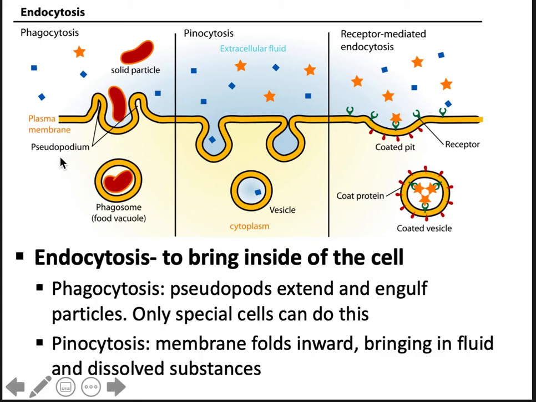So phagocytes in our immune system do this to take up possible invaders, such as bacteria, and destroy it, while keeping it inside of this vesicle to destroy it.